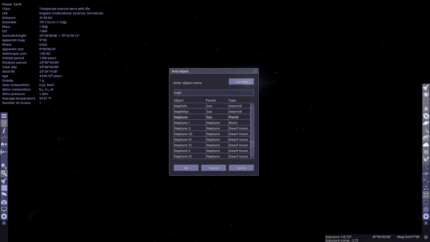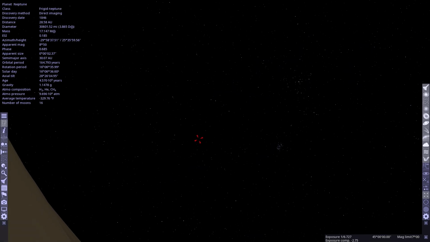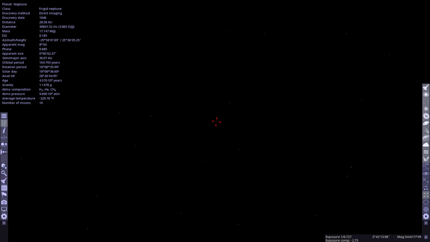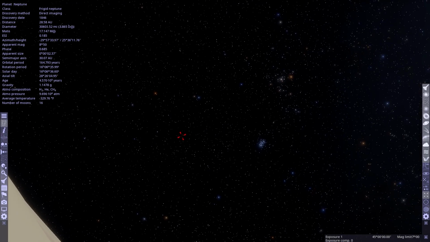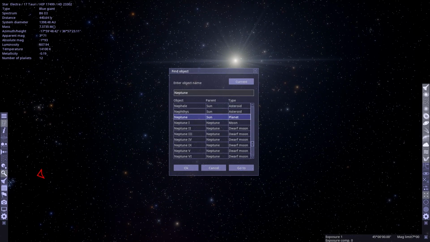Where is Neptune? That's Neptune over there. If we just zoom in on that, this is what it would look like with a professional telescope, pretty much. It's pretty crazy. Even Neptune is far away from Pluto. I guess Pluto really does not have a happy life in the solar system.